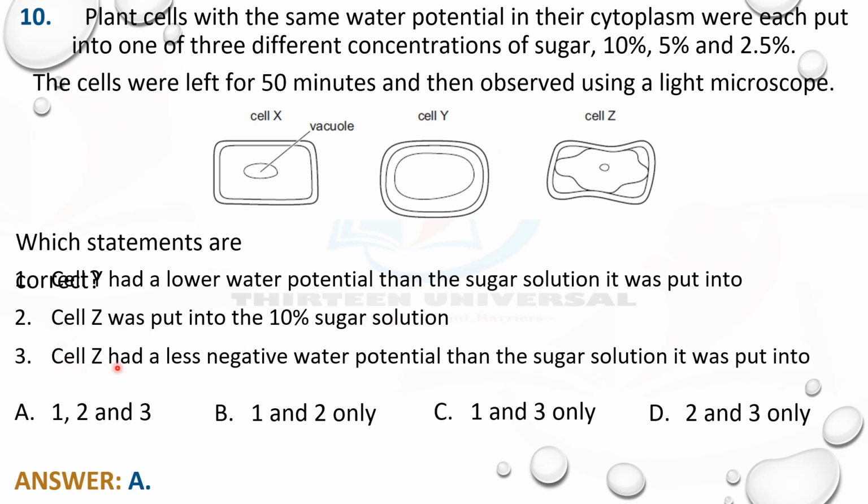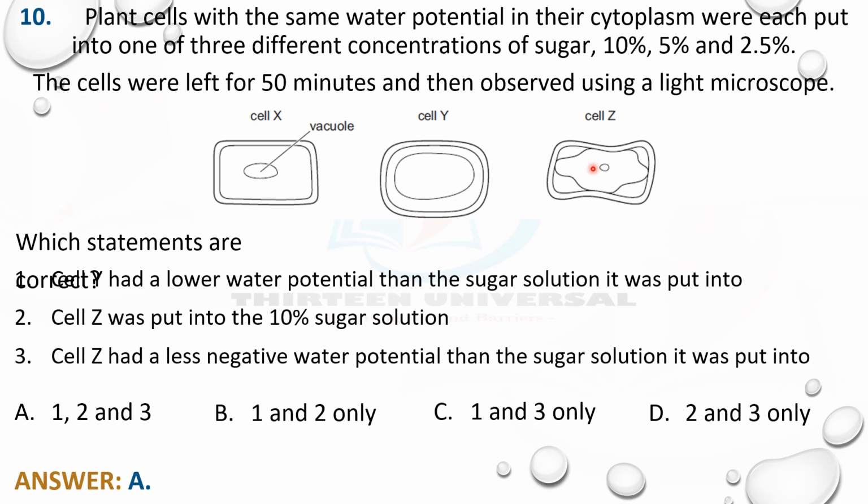Statement 3 says cell Z had a less negative water potential than the sugar solution it was put into. Yes, less negative means higher water potential, and more negative means lower water potential.